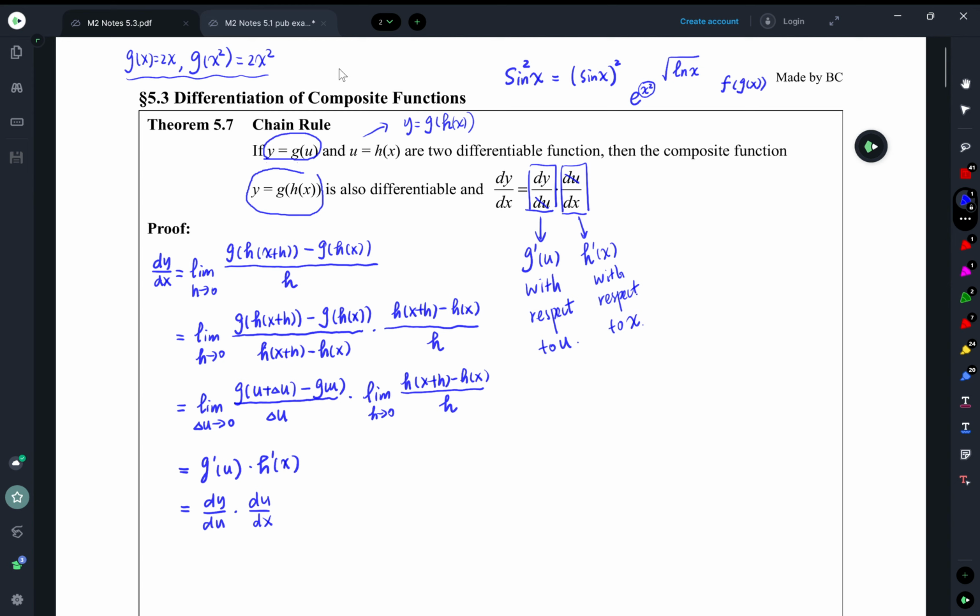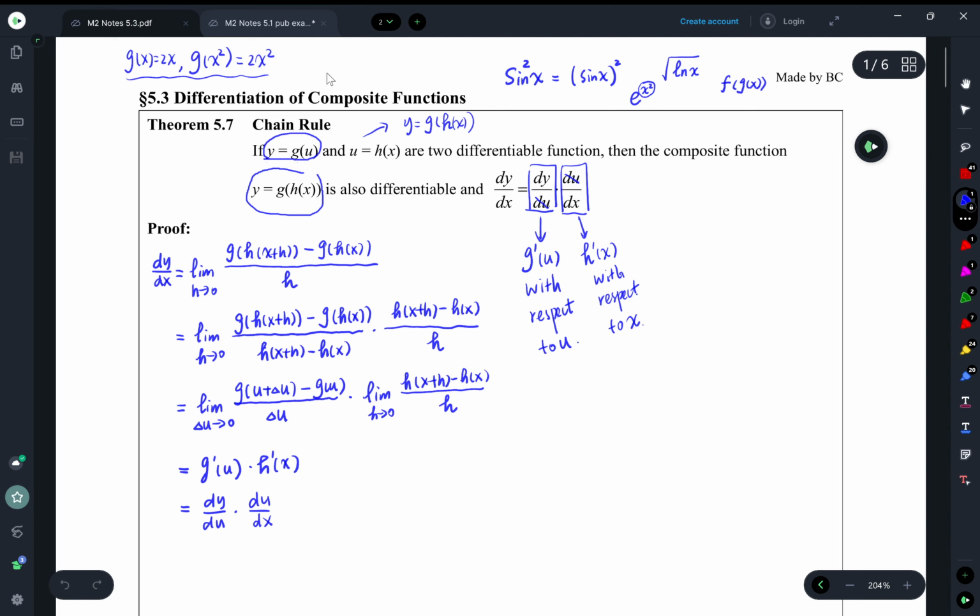The other rules, the addition rule, the product rule, and quotient rule, they are not designed by the type of the function, they are designed by the structure of the function. This differentiation rule today is designed for these functions, composite functions.